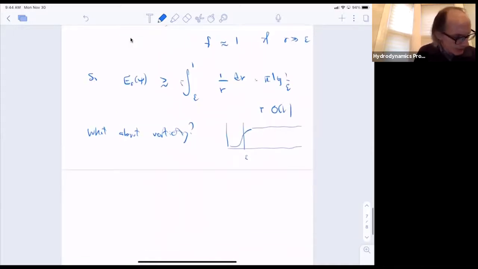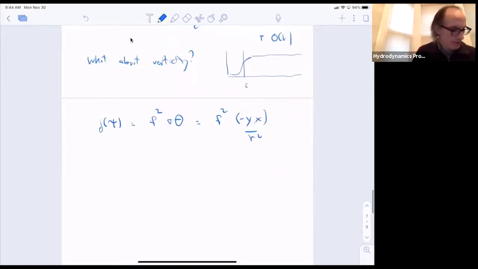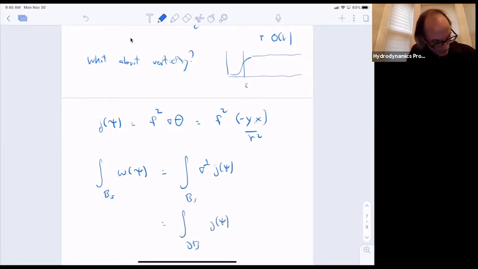And sort of vorticity, well, for example, if I compute the integral of the vorticity over any ball centered at the origin, by Stokes' theorem, this is going to be the integral of J of psi, the tangent over the boundary of the ball.